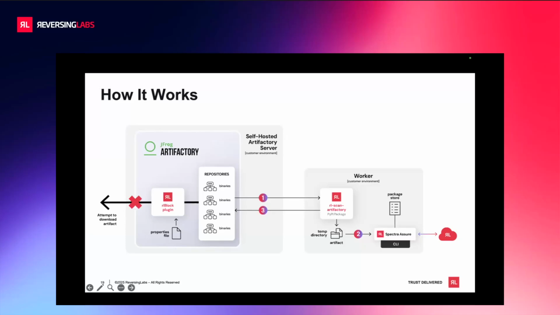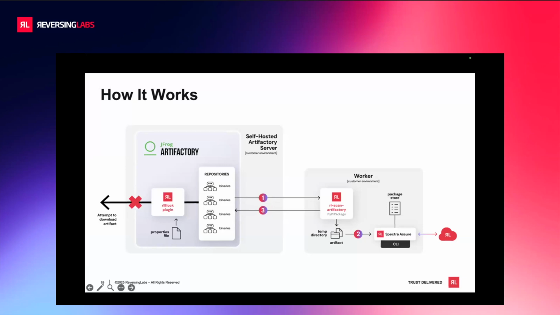And then if you see on the left side here, the big X is representing the plugin, our RL block plugin, blocking access to any artifacts that have failed the Spectra Assure scan, right? So this is essentially like a kill switch for stopping the spread of unsafe or dangerous artifacts.